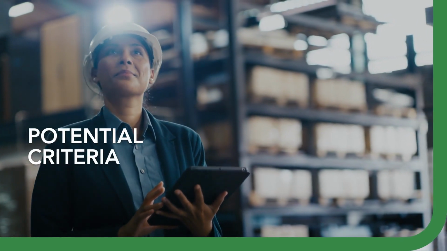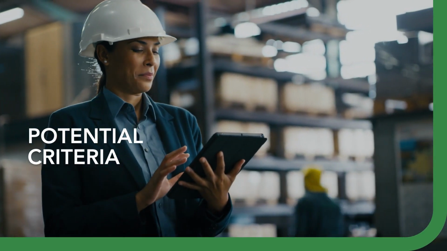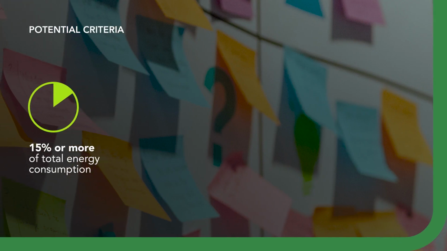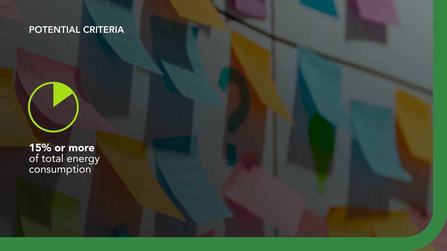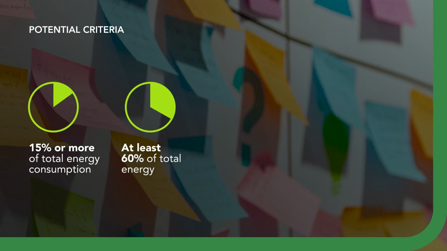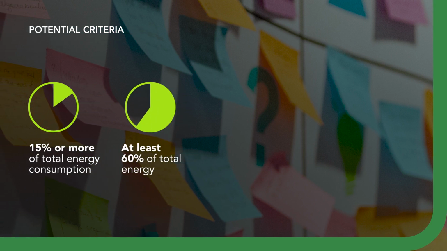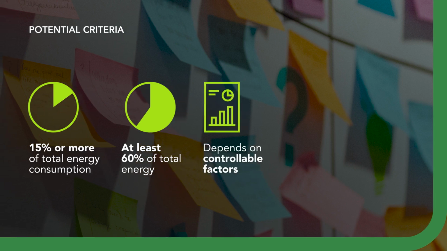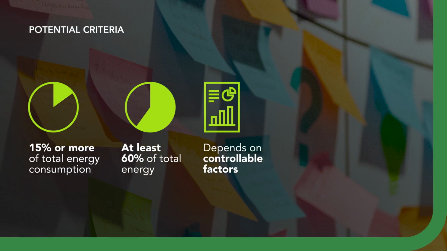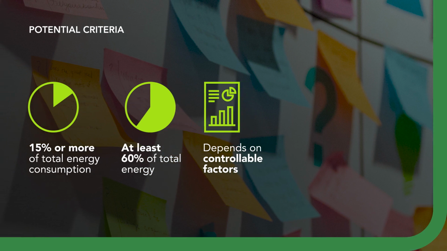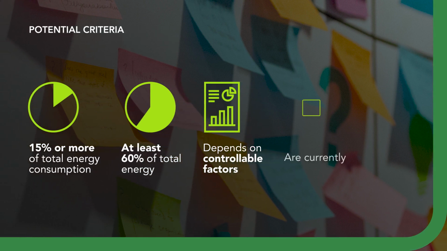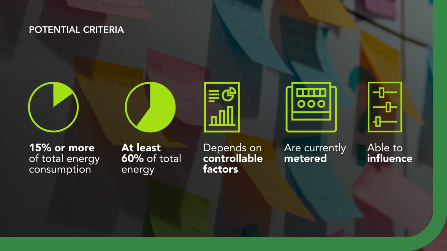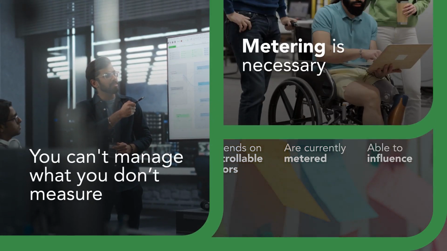Examples of potential criteria include systems or equipment that individually account for more than 15% of total energy consumption, together account for at least 60% of total energy consumption, have energy consumption that varies based on set points, behavior, operation, or maintenance status, are currently metered, or are within your control or ability to influence.